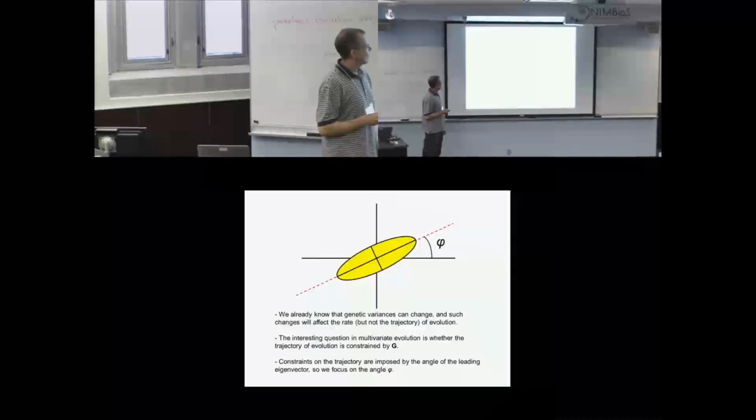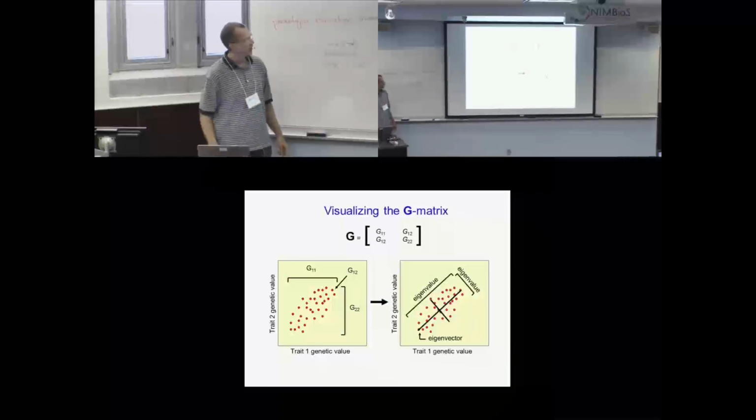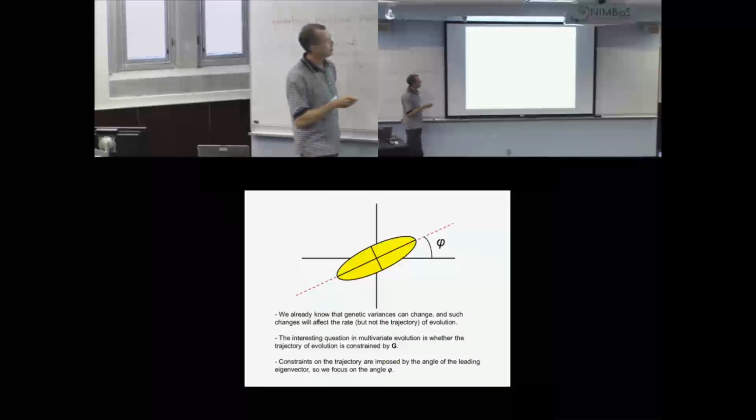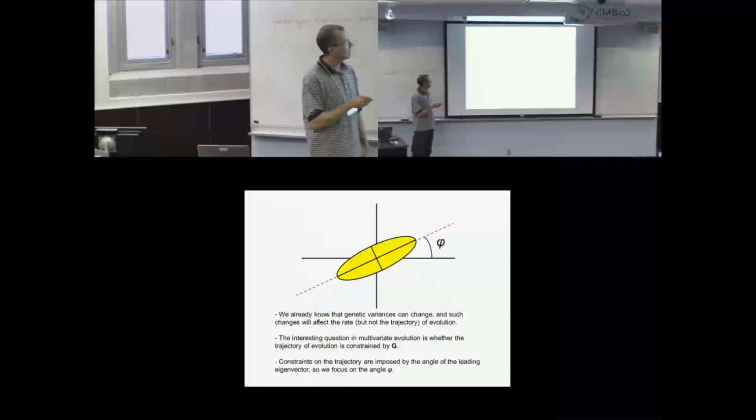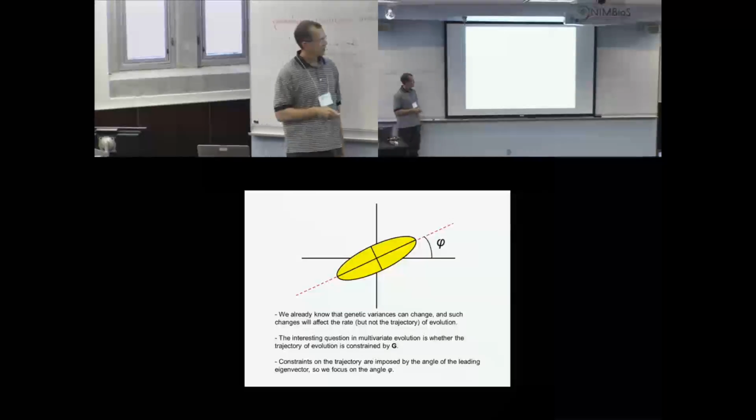Okay, and so what we're going to care about mainly with respect to the stability of the G matrix, we're going to care about the stability of the various elements of the G matrix, but we're also going to care about the angle of the G matrix, right? And the reason that we care about the angle of the G matrix is that as far as the evolution of genetic variances, that's relatively easy to understand in the univariate case.